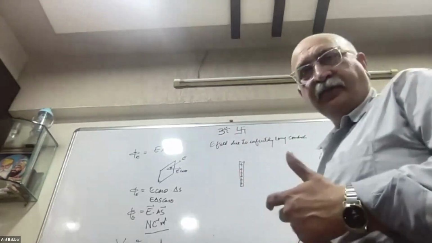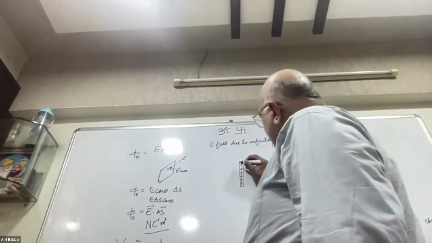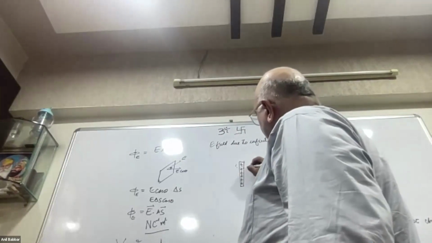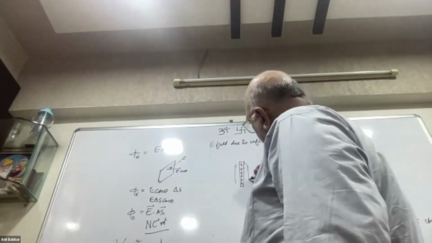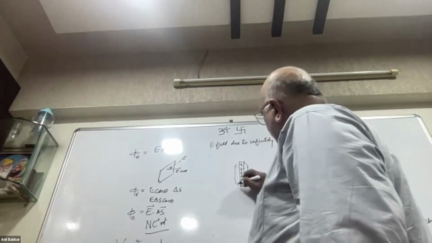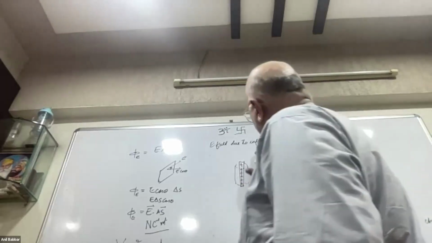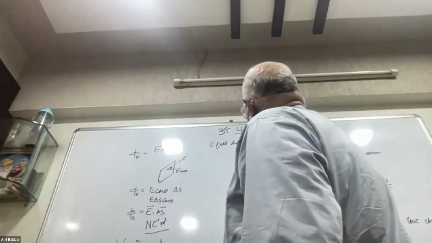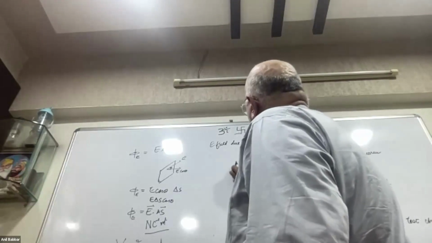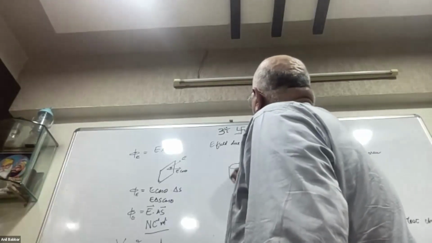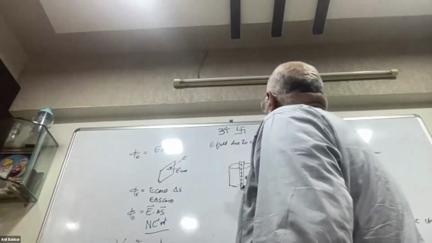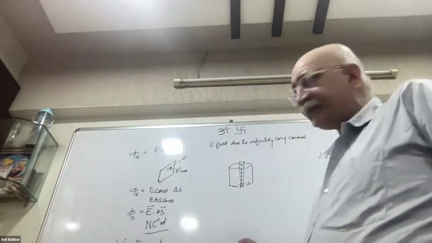Fine. Now we'll draw a Gaussian surface around it. It's a Gaussian surface.